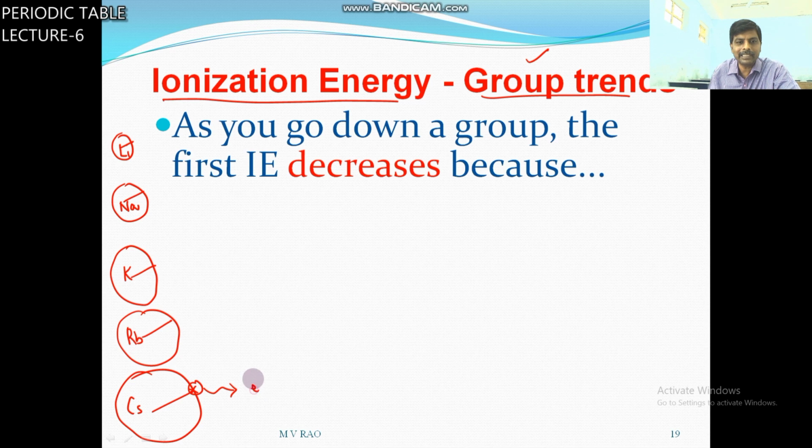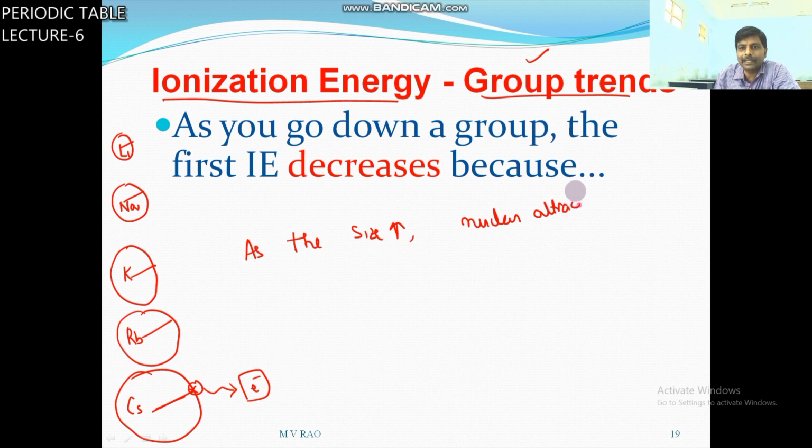So, to remove this electron it is easy, because as the size increases, nuclear attraction over the valence electron decreases.